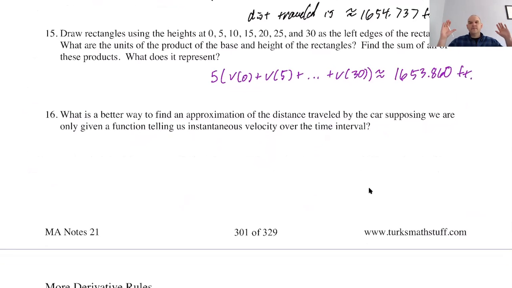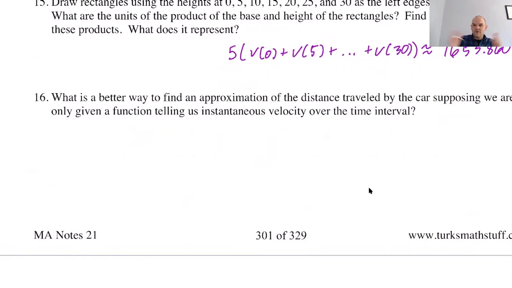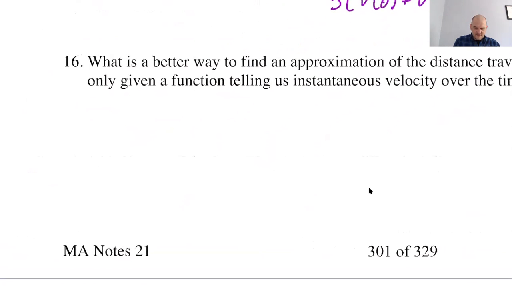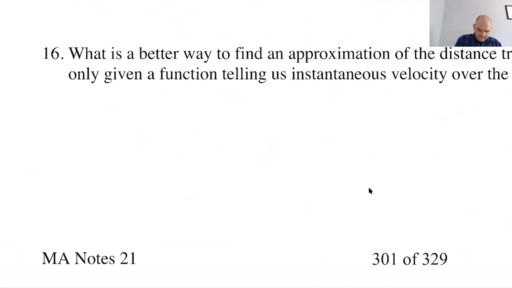All right. So what can we do? Basically we graphed the velocity, and then we're doing our rectangle sum thing. So why don't I say that v of t is my function, use v of t on the interval from 0 to 35, right?